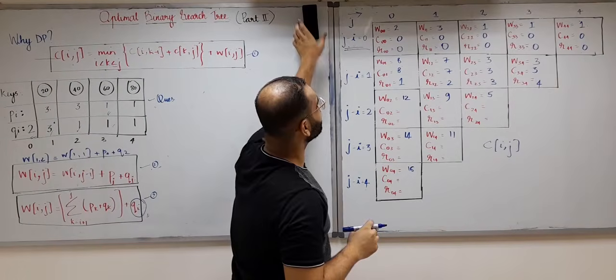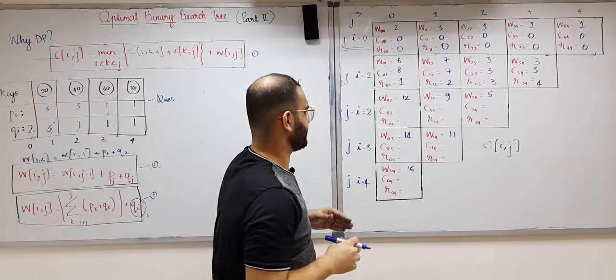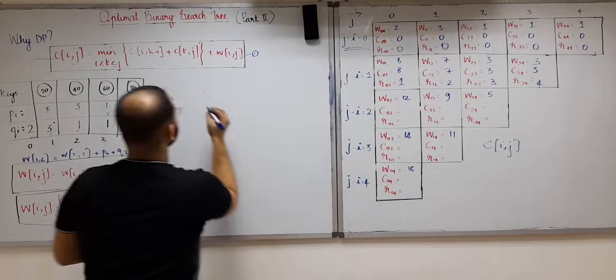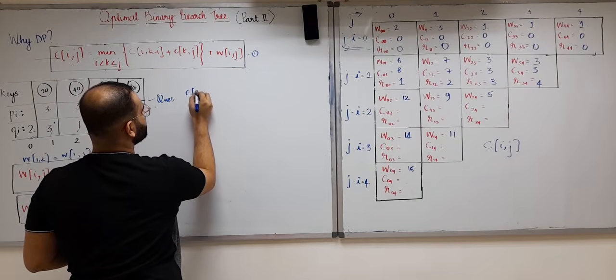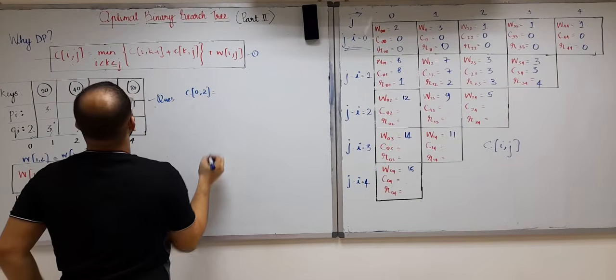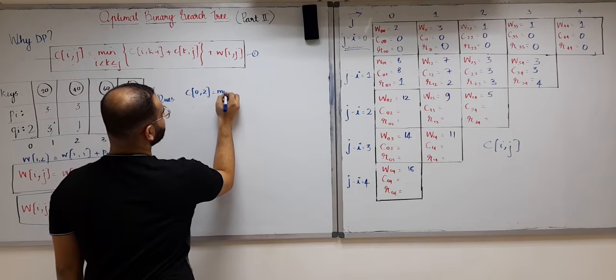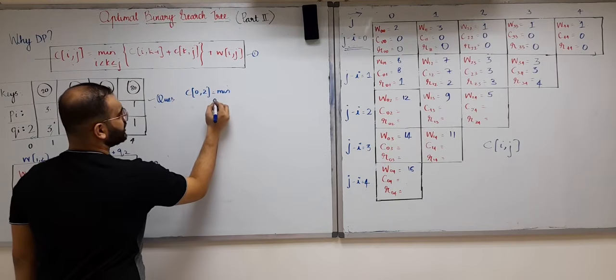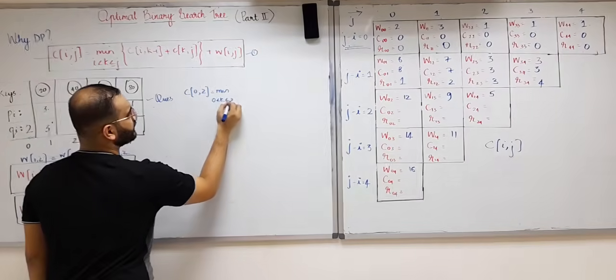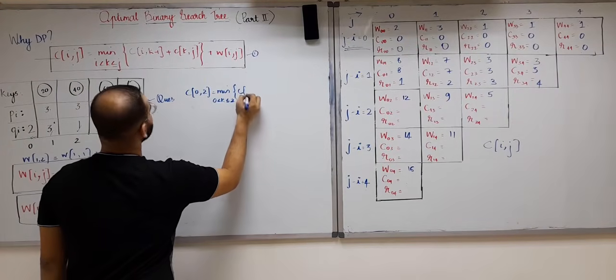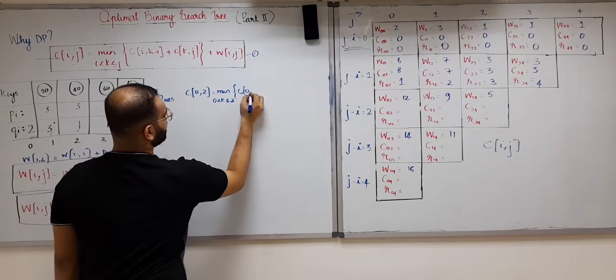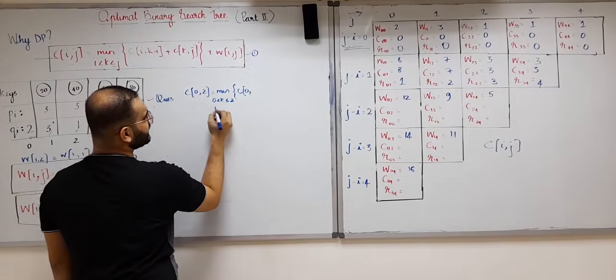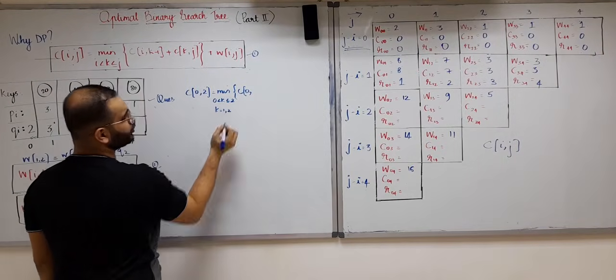So now let us look at the two node binary search tree. So let's find out the cost of C0 comma 2. So for C0 comma 2, minimum of 0 less than k less than or equal to 2, C, I is 0. So what will be the values of k over here? K is equal to 1 and 2, right?